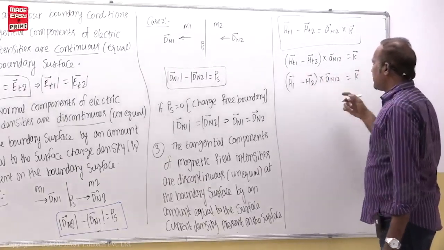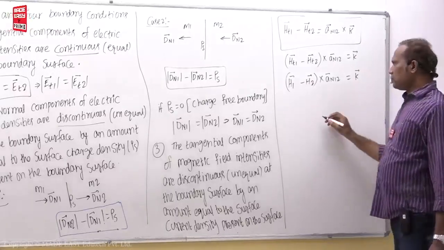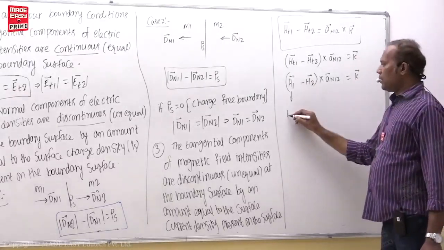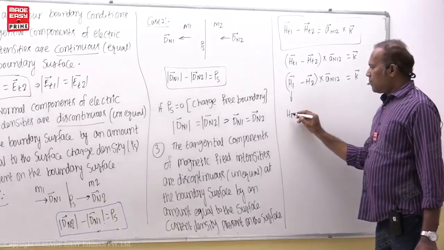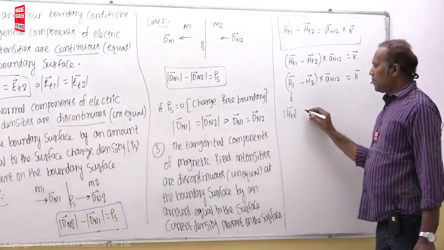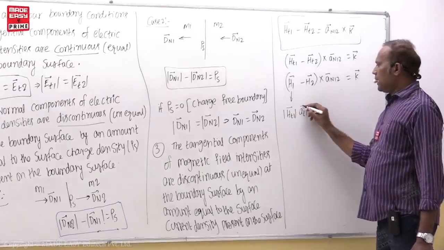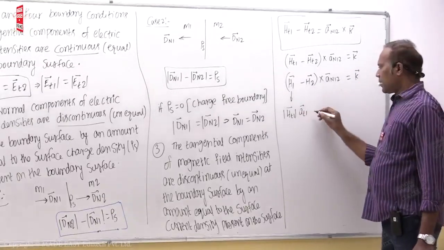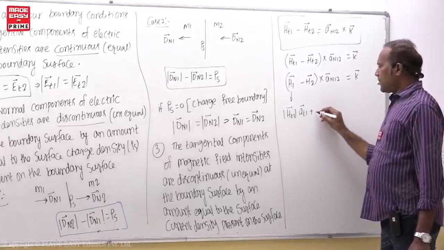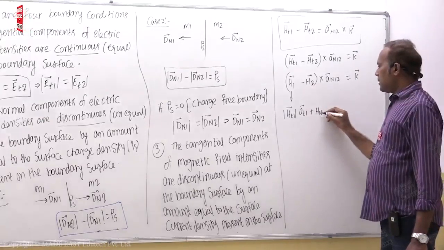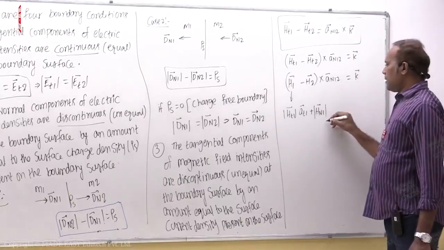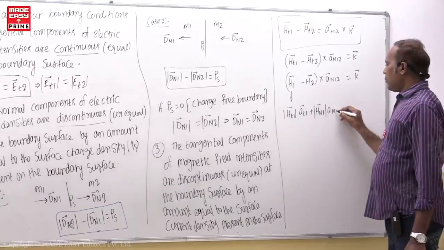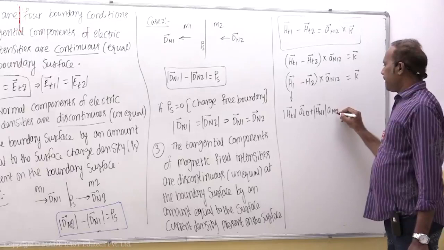This is also correct, students, because here H1 bar is equal to Ht1 into at1, that means tangential unit vector, plus Hn1 and an12.